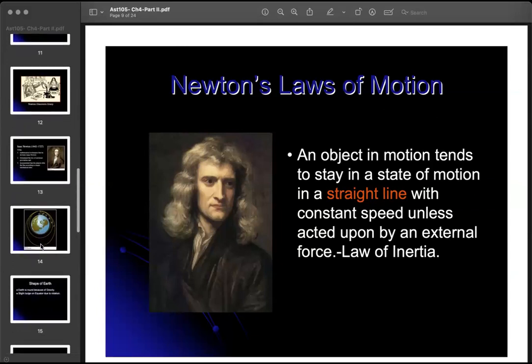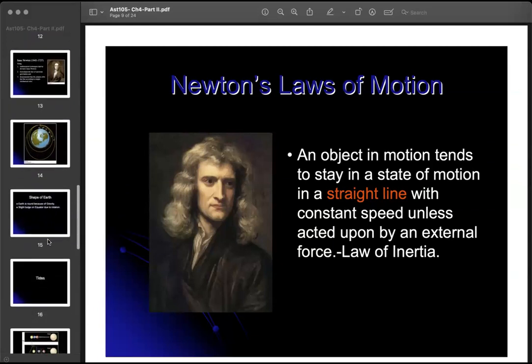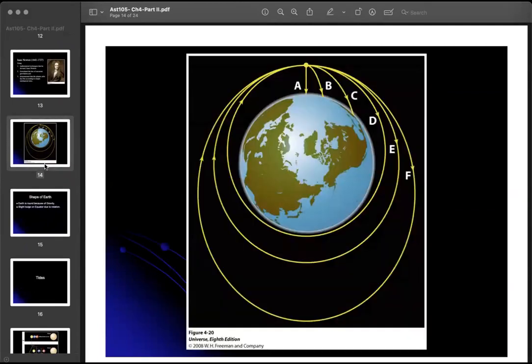I'll skip a few slides here, and you can read those on your own, but I'll get to this. So what was the contribution of Newton? Newton is often credited with the discovery of gravity. Well, he didn't quite discover gravity.